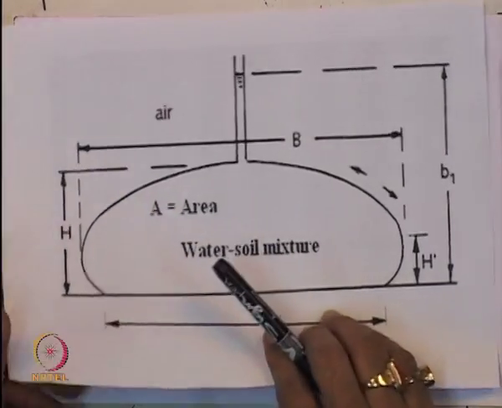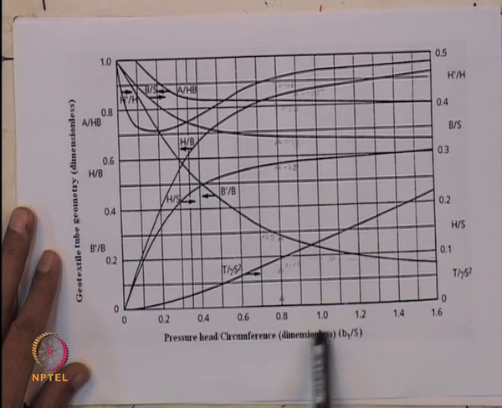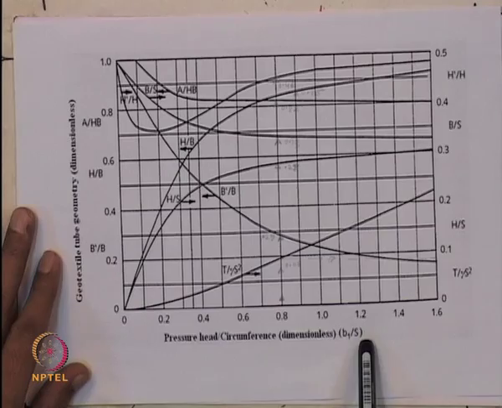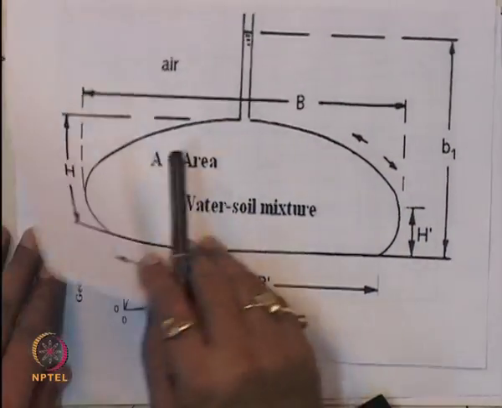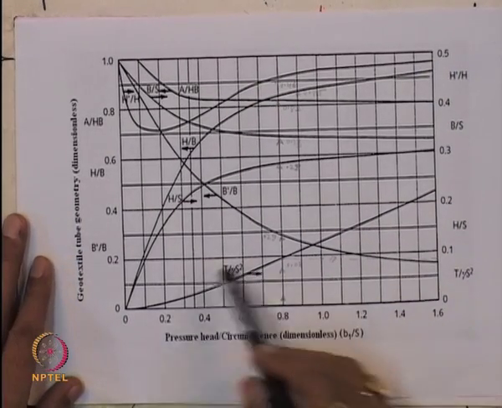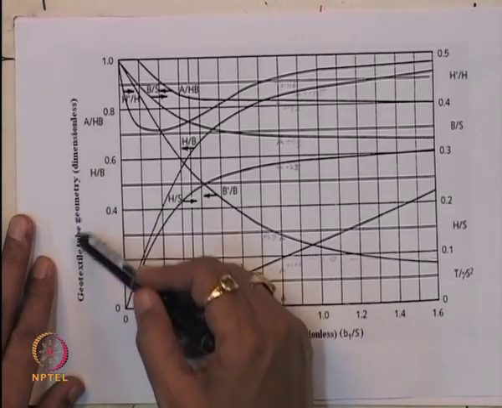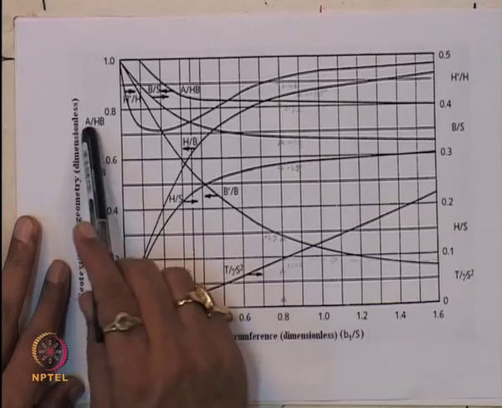In this graph which I am showing here, this axis is the pressure head versus circumference, that is the dimensionless B1 by S. So that's the slurry, and this portion is the geotextile tube geometry, that is also dimensionless, and this is the area.